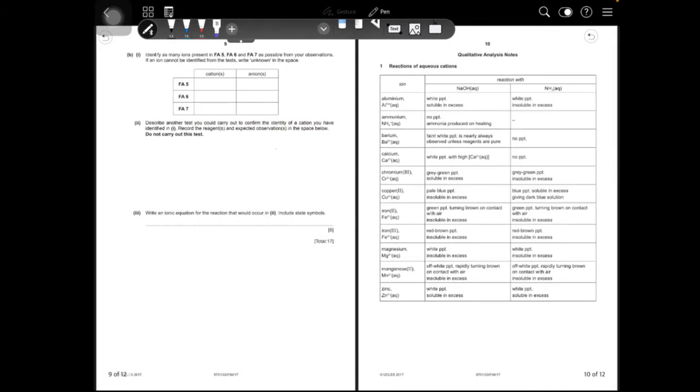From the cations table, we can see that when we react with sodium hydroxide, the cation that will produce a green precipitate is Fe2+. And when heated with sodium hydroxide, it will produce ammonia. That means it also contains ammonium ions.